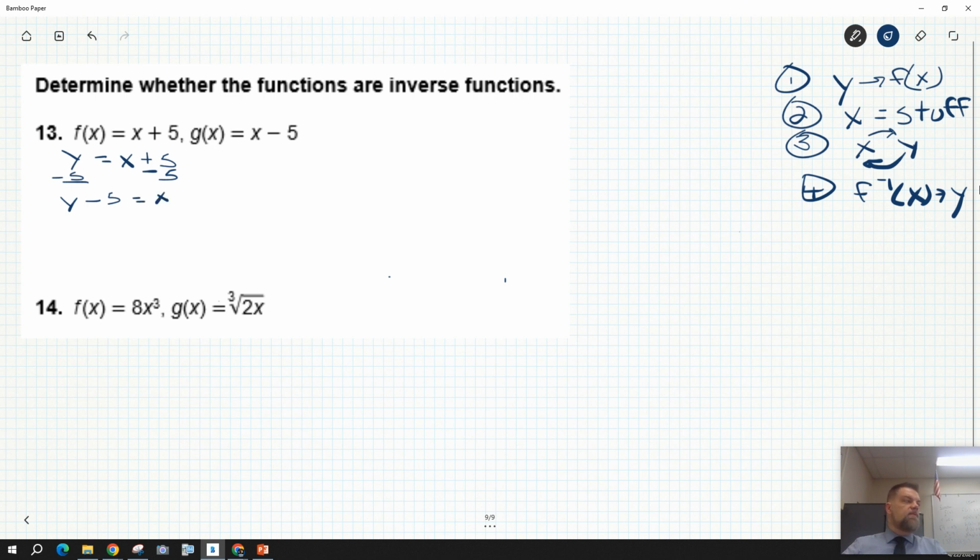Next, I'm going to swap the x and y, so I get x minus 5 equals y. And then over here, I'm going to say f inverse equals x minus 5. Hey, that's what we got over here, right?